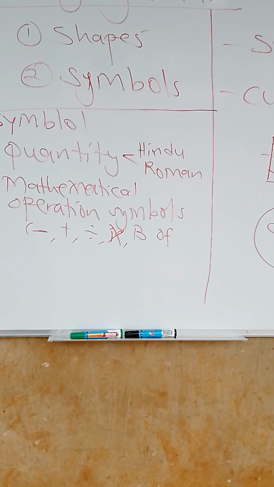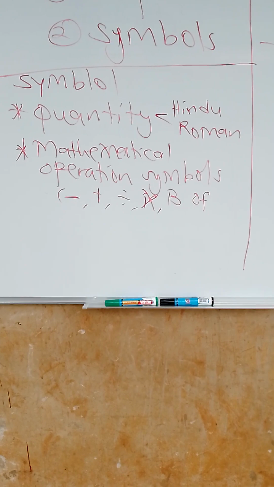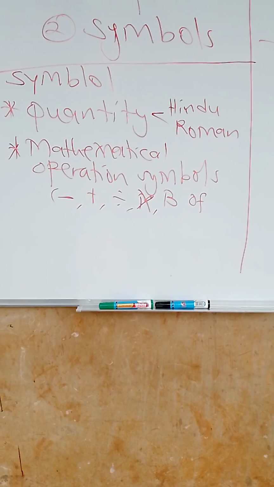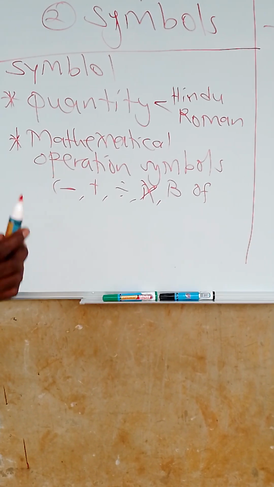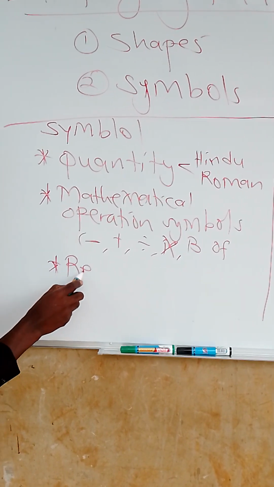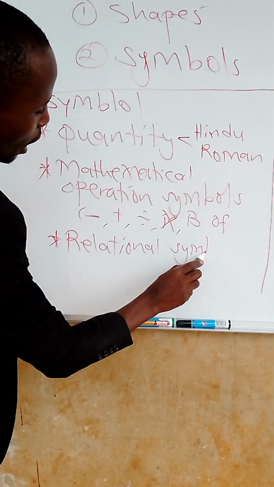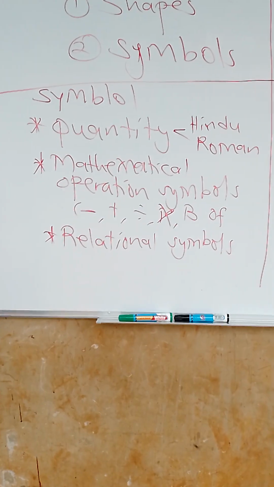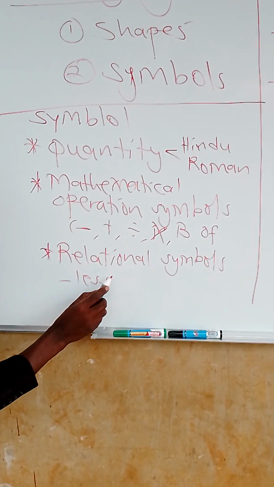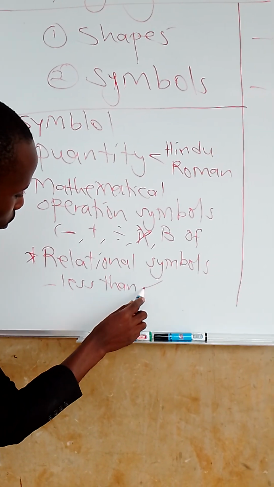Amongst other symbols, we have relational symbols. They are used to relate two parties. Amongst the relational symbols, we have less than. The symbol for less than is this one.